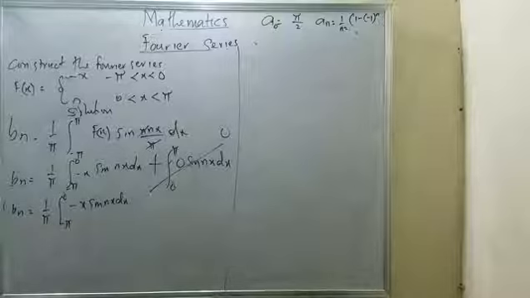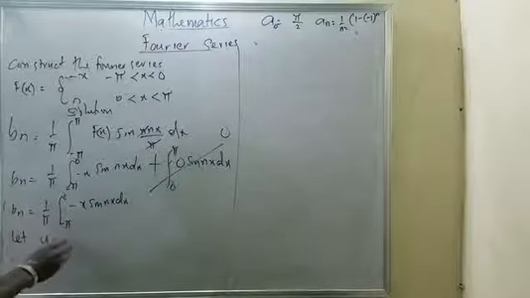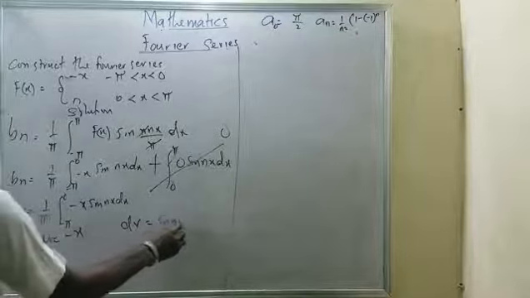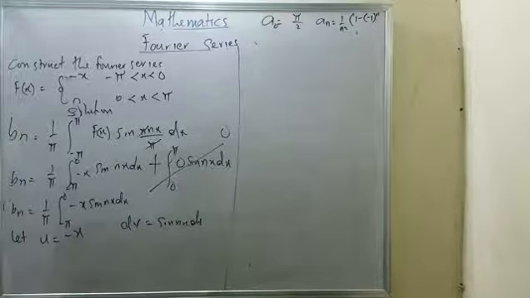I can now roll to my integration by parts, which is having something like this. Let u equal minus x and dv equal sine nx dx.